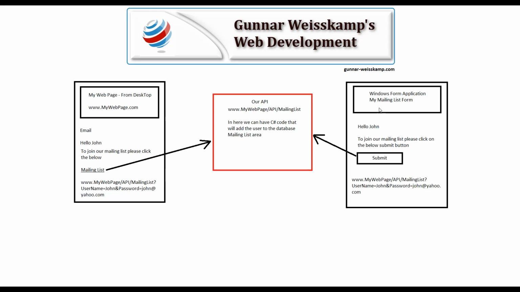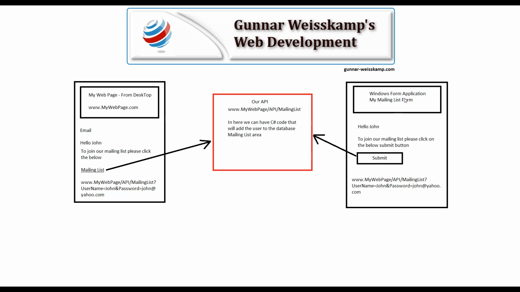But you can also do a Web API call from a Windows Forms application. Here we've got more or less the same analogy, but it's from a Windows Forms application. Instead of a link, you could press a submit button, and underneath that submit button you'd have the same URL. Once you click it, the same process happens.